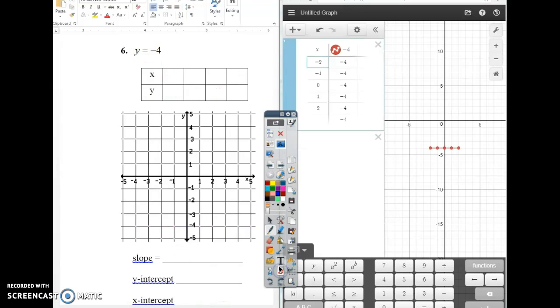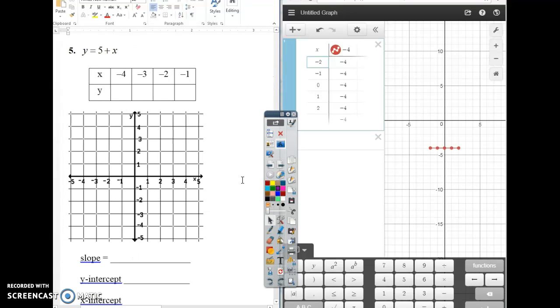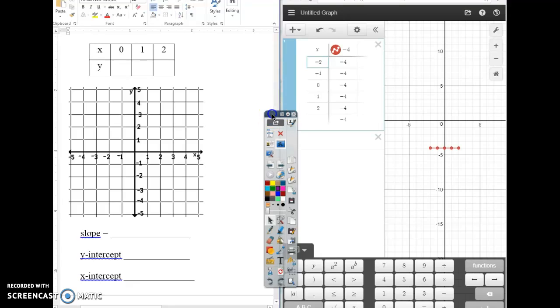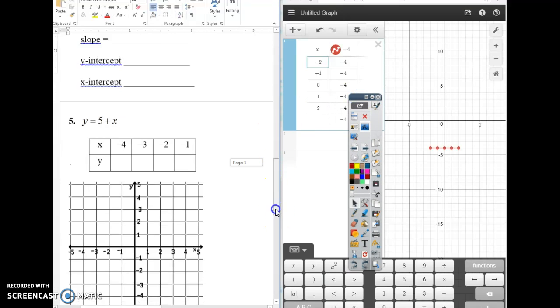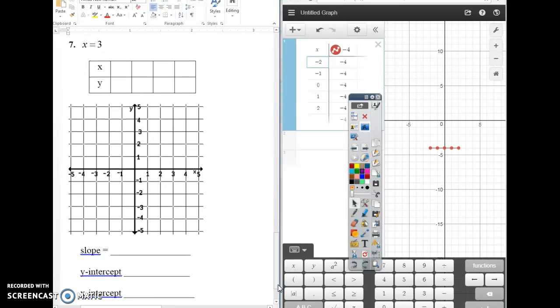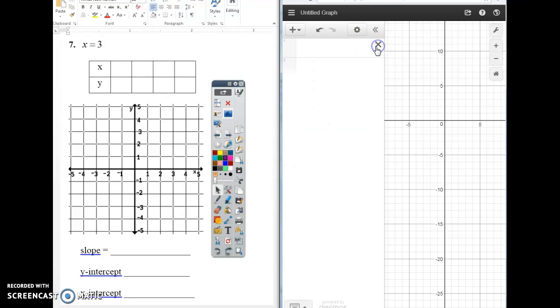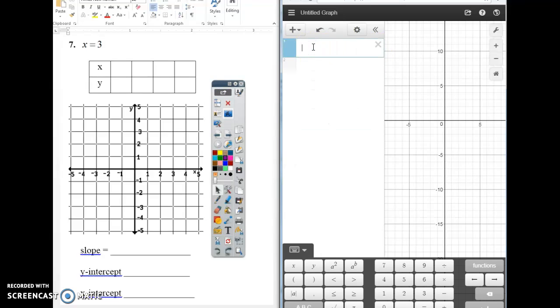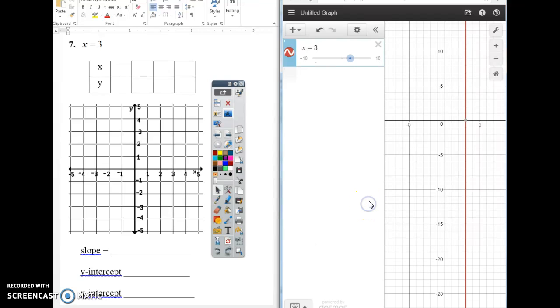And let's do the last one, which is problem number 7. Right here, x equals 3. We're going to type that in Desmos. So exit, type your new equation, x equals 3. Okay, so now it's a vertical line. If I go to the gear and try to open the table, it's not going to let me.